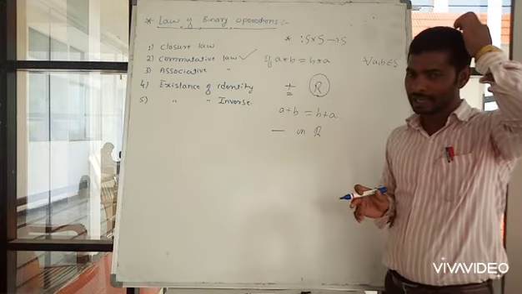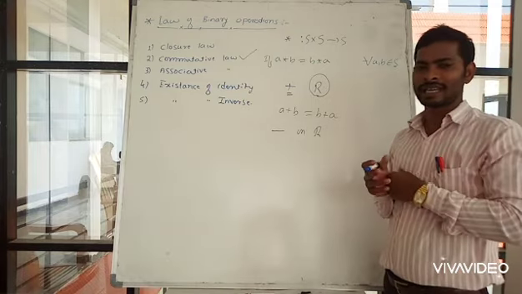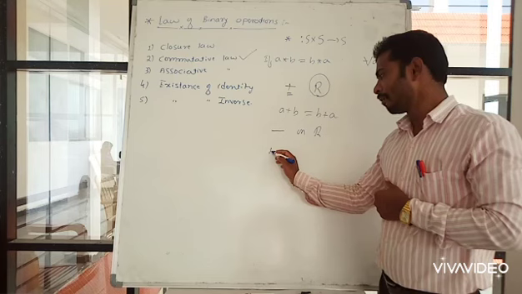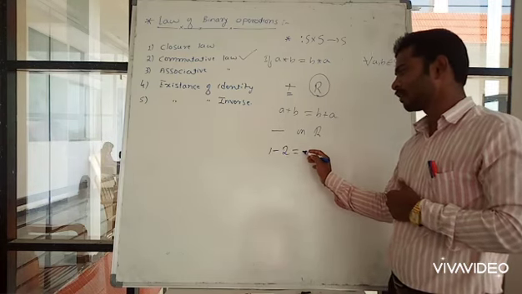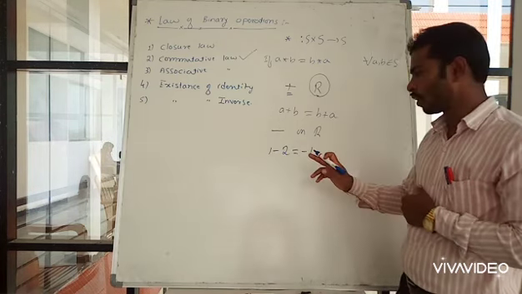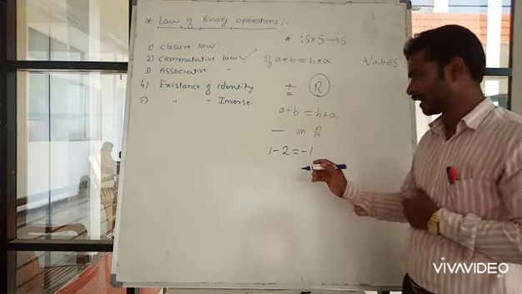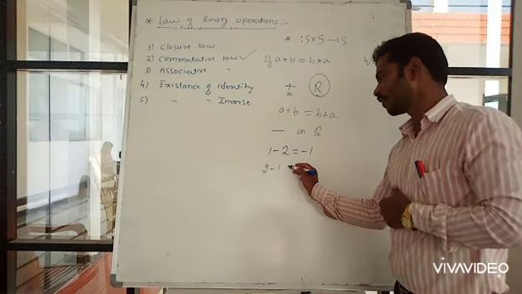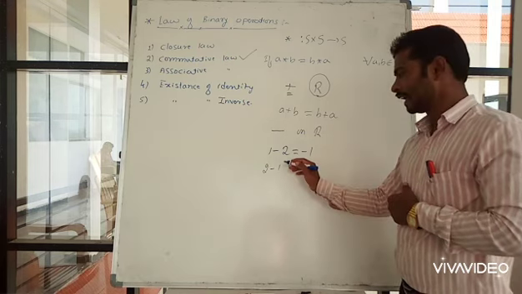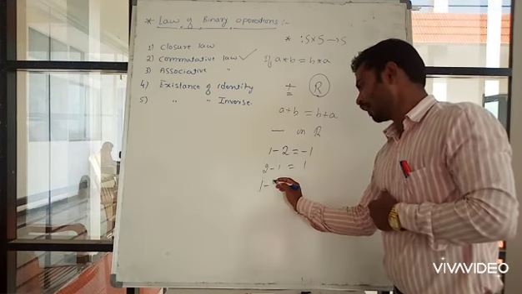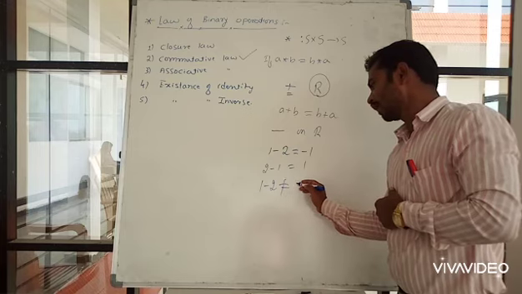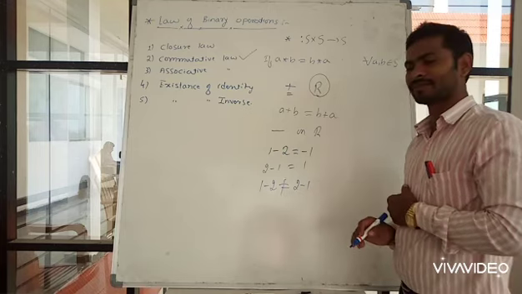Generally, if you consider 1 and 2 as real numbers, 1 minus 2 is minus 1. What about 2 minus 1? 2 minus 1 is plus 1. Here 1 minus 2 is not equal to 2 minus 1.